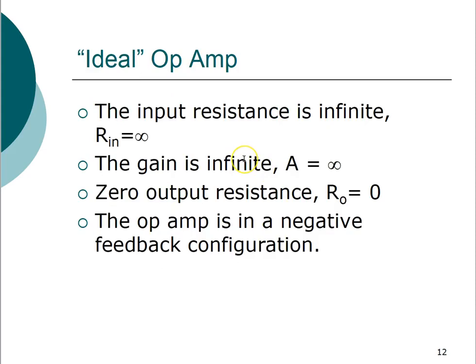Now next is the gain. So the gain is infinite, and gain A is equal to infinity. So open loop gain in the case of an ideal op-amp approaches infinity. If gain is infinite, then what does it mean?